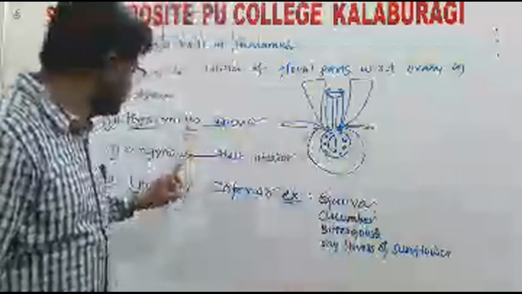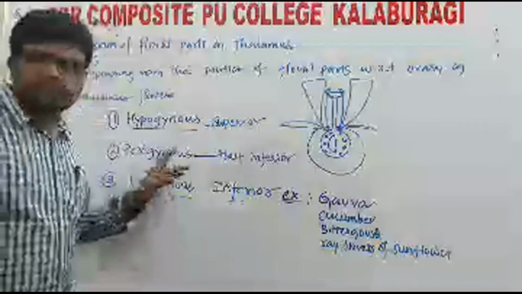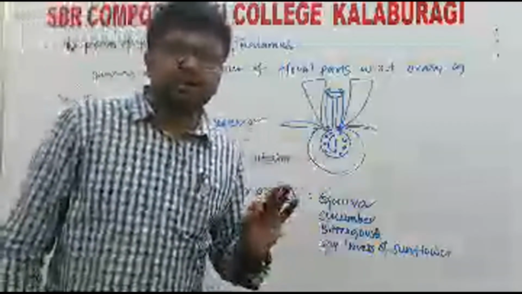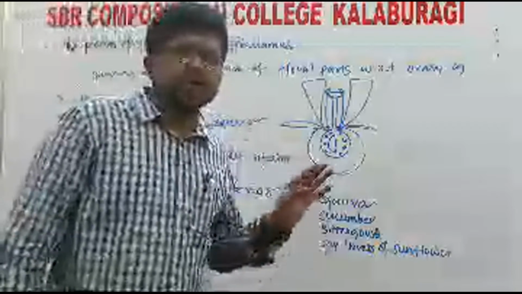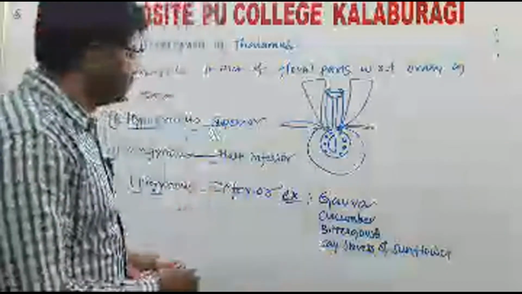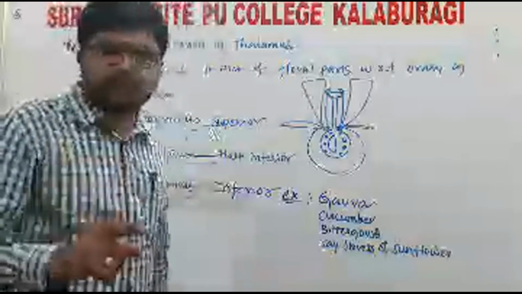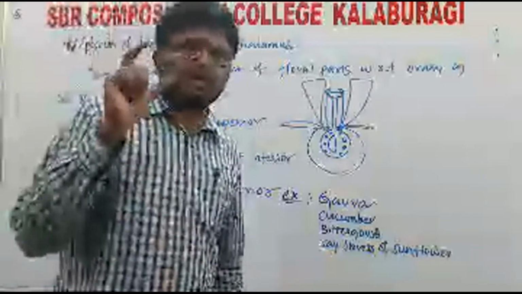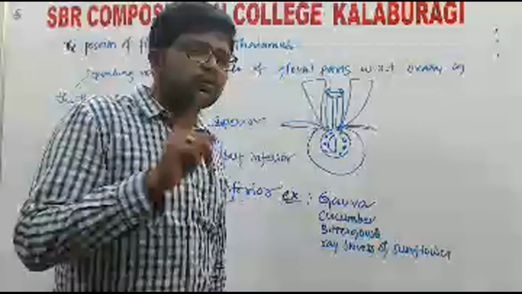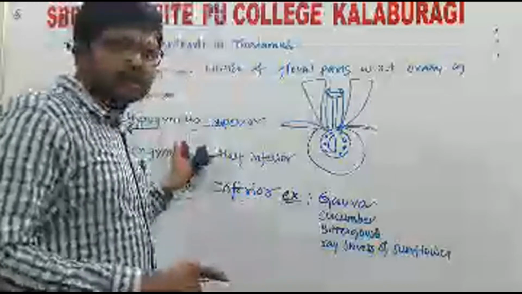So hypogynous, perigynous, epigynous, these are the three types of positions seen with respect to the ovary. Position of floral parts with respect to ovary. Remember, three diagrams you should remember. When the gynoecium is above the floral parts, we say it is hypogynous.